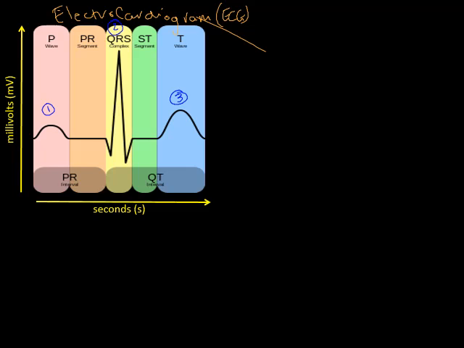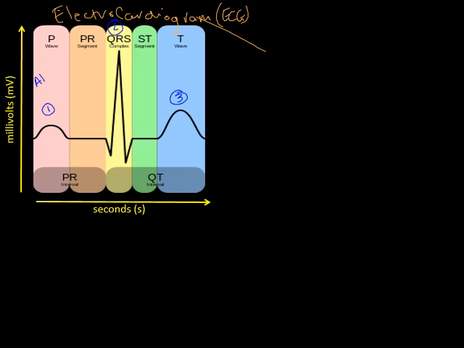Now, the P wave represents depolarization of the atria, and that's a consequence of the wave of depolarization spreading out from the sinoatrial node, or the SA node, across both atria, from the right atrium and over the left atrium. And this causes the atria to contract, so it results in atrial systole.